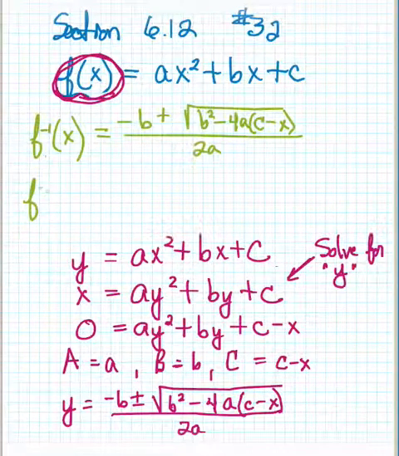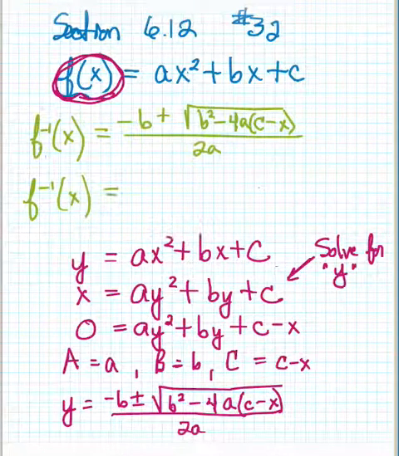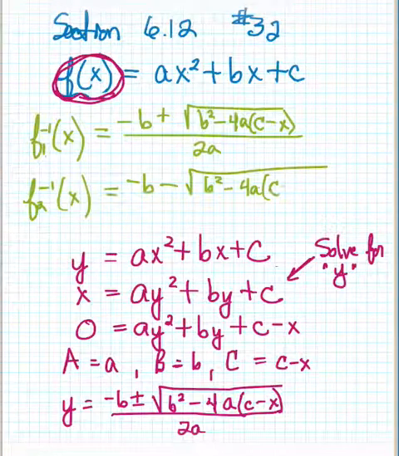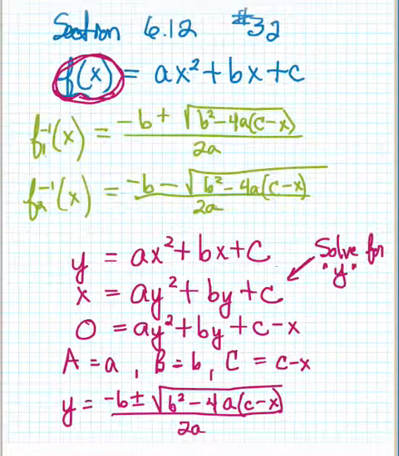And the other one, inverse function 1 of x, maybe we could call that inverse function sub 2 of x, is going to be the opposite of b minus the radical of b squared minus 4a times c minus x, over 2a.